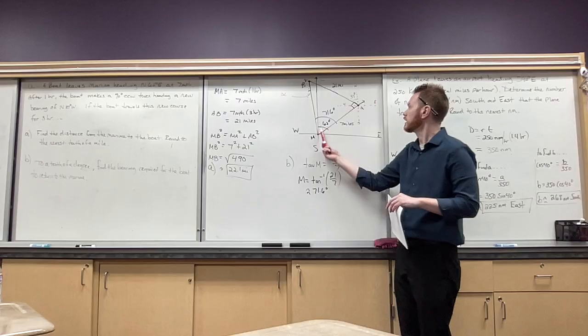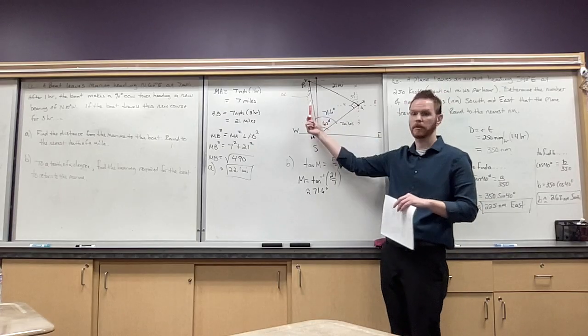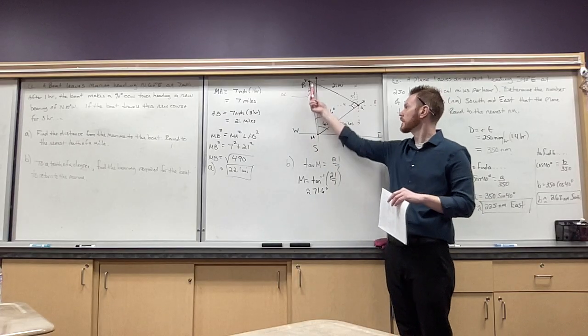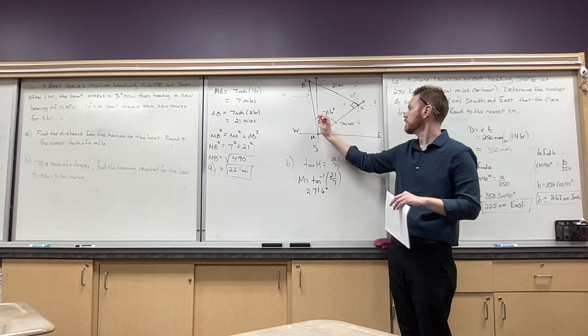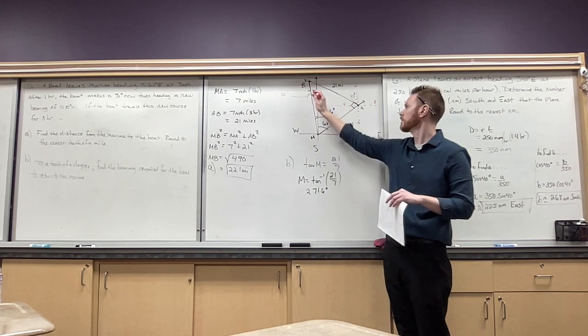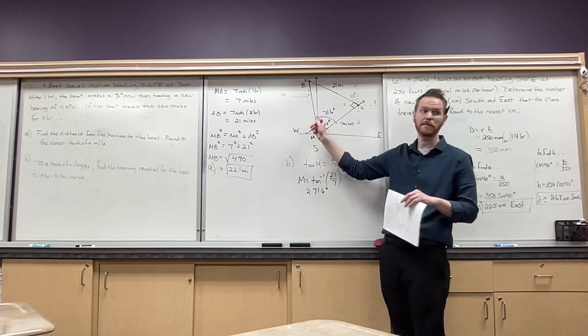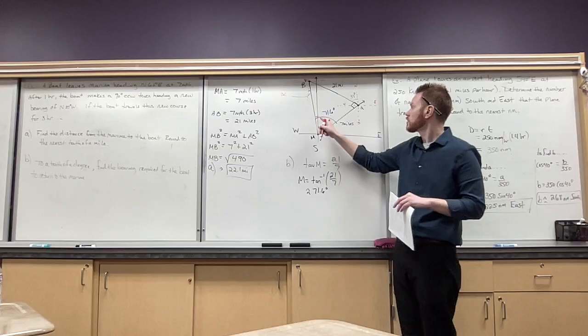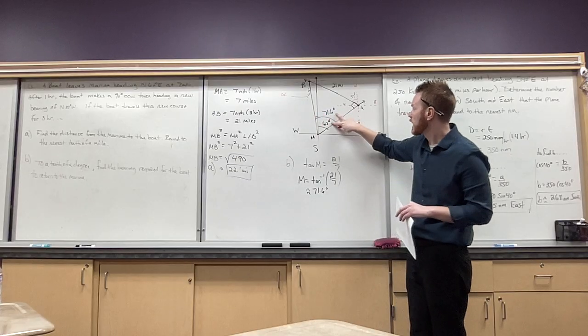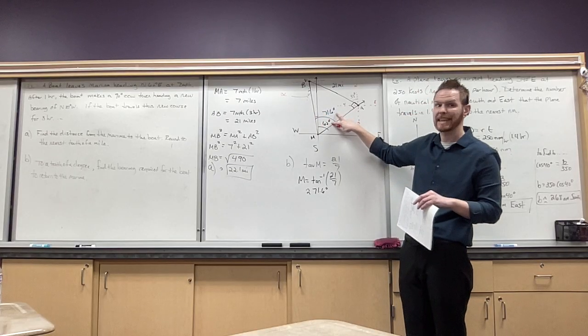Now, here's the nice part. This north line is parallel to the boat's north line, right? This is like a transversal. So these, I'll put in red, are alternate angles. These are going to be the same measurements. So to find this measurement, I just have to subtract these 2 numbers, and then I get what alpha is.